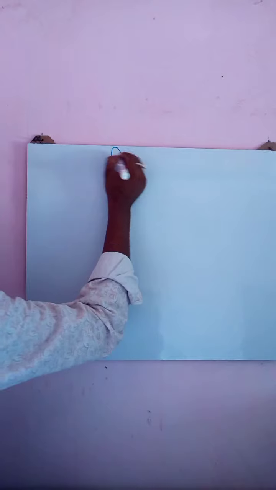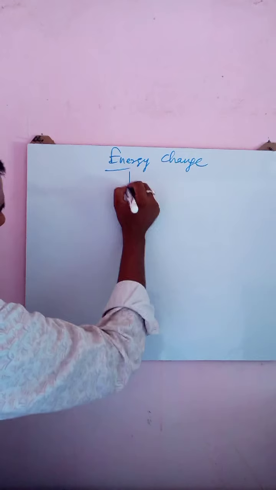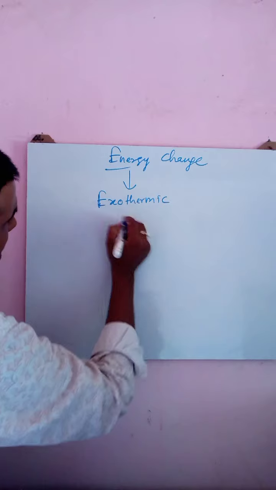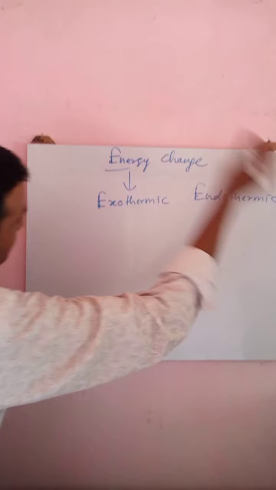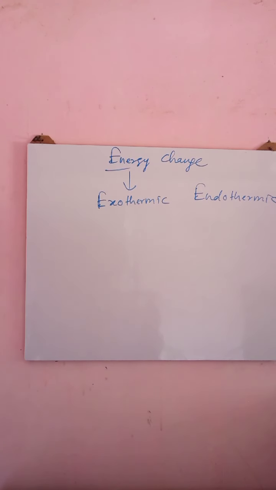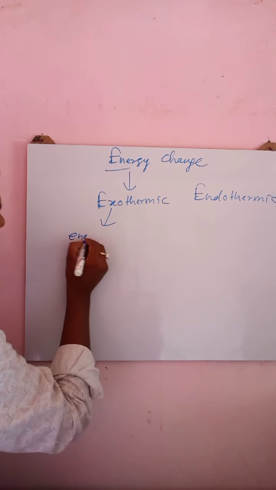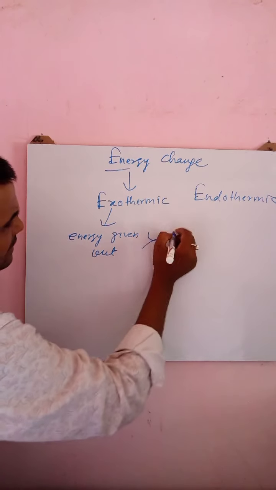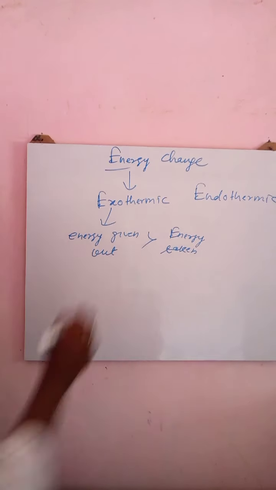Now come to reaction on the basis of energy changes. On the basis of energy change, reactions are of two types: exothermic reaction and endothermic reaction. What is exothermic reaction? A chemical reaction in which energy given out is greater than energy taken in is known as exothermic reaction.